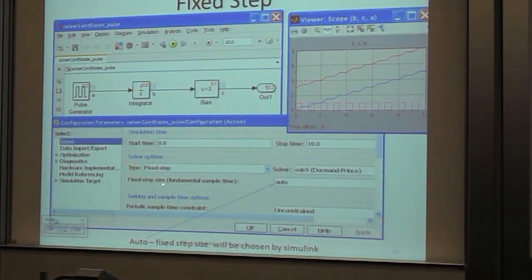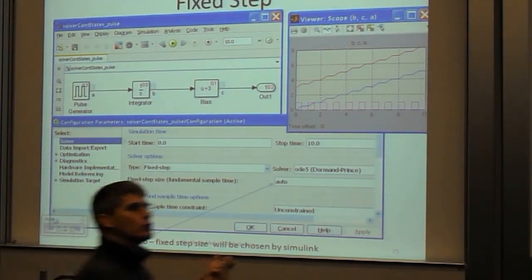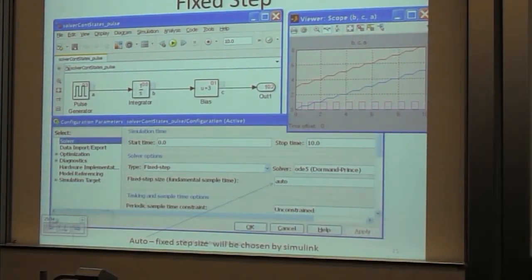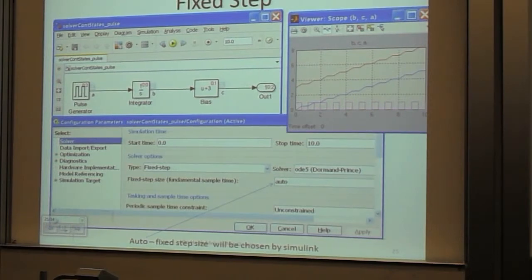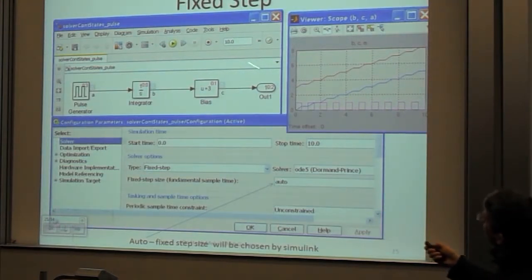And I'm setting the fixed step size to auto, which means Simulink will decide what the step size will be as we run through this model.